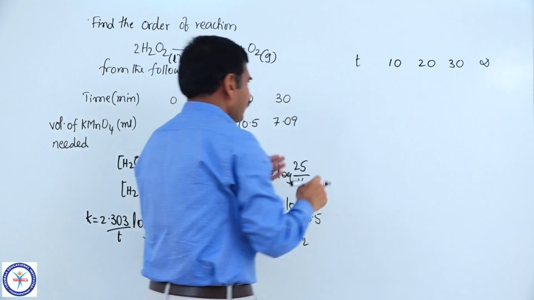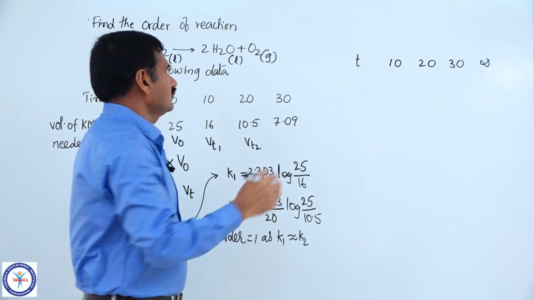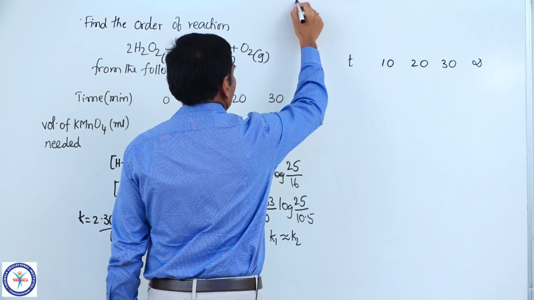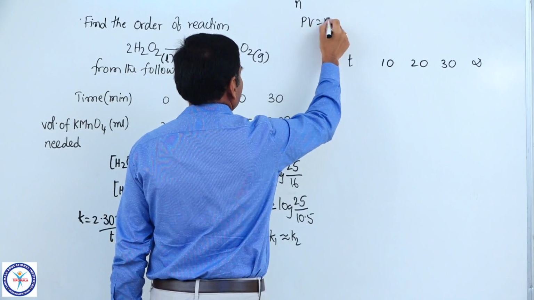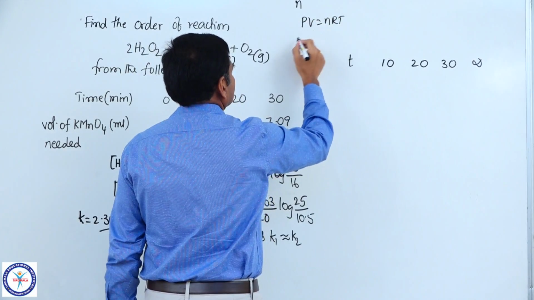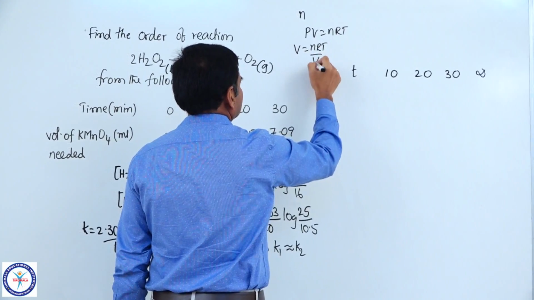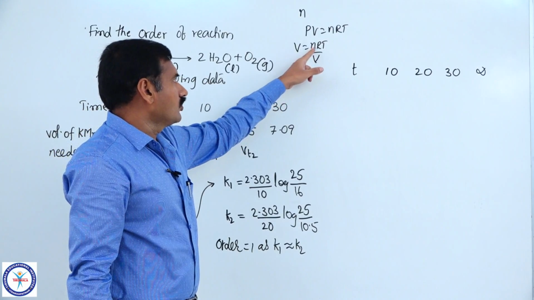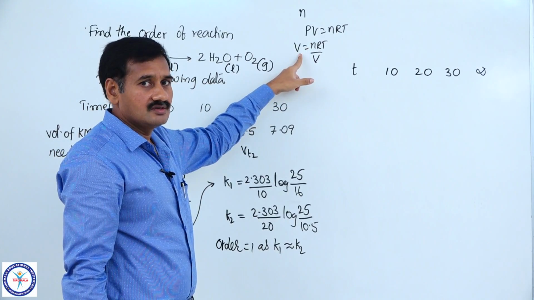number of moles of O2 can be given, or instead of giving the number of moles of O2, as oxygen is a gas, PV is equal to nRT. So, volume can be calculated as nRT by P. If more moles of O2 are produced, the volume of oxygen produced will be high.